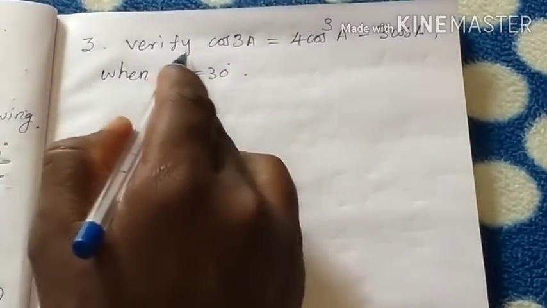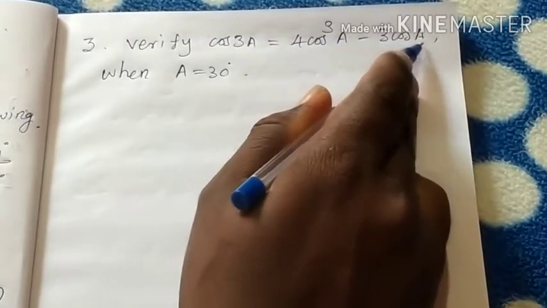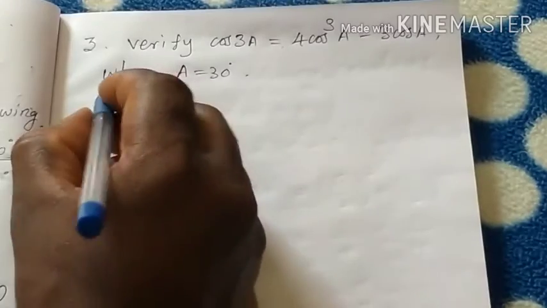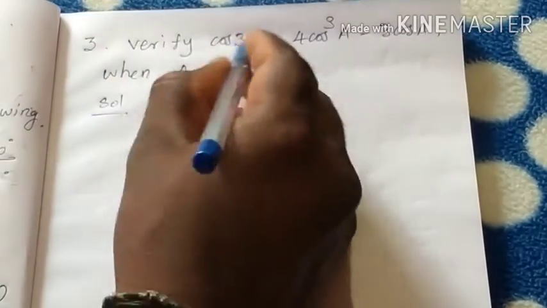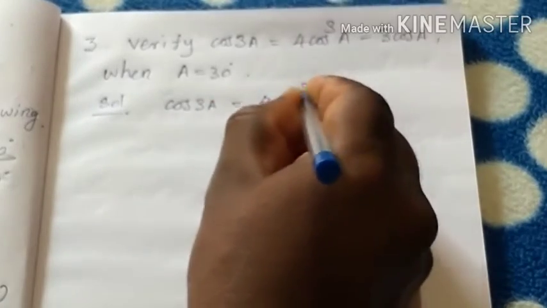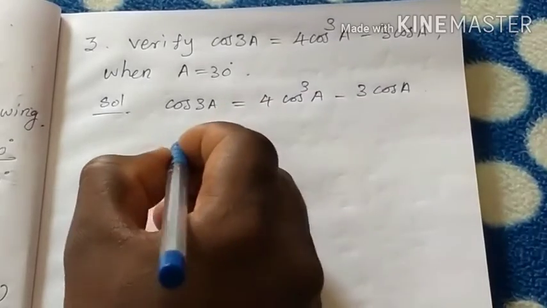Okay, third question, verify cos 3A equal to 4 cos cube A minus 3 cos A, when A is equal to 30 degree. Okay. The solution, cos 3A equal to 4 cos cube A minus 3 cos A. Okay.